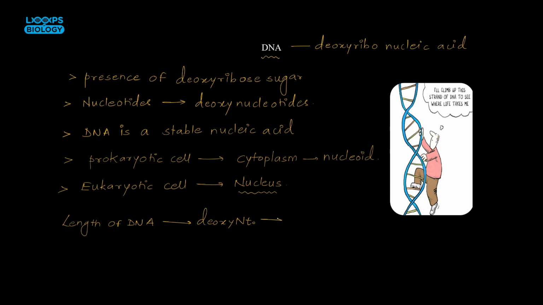And this nucleotide set is basically forming genes. These are very important whenever any particular character is expressed within our body, whether it is our skin tone, hair color, or eyeball color. Everything is governed by these genes. And these genes are nothing but a set of deoxynucleotides present in the complete length of DNA.